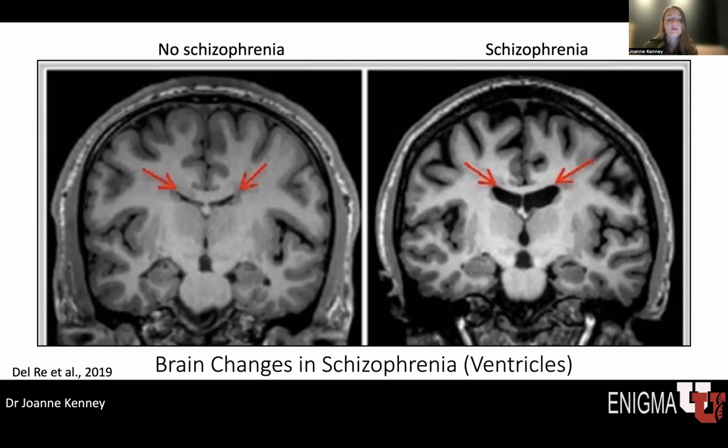So not every person who has a diagnosis of schizophrenia will have enlarged ventricles, and there's a lot of overlap with normal variation in the size of the ventricles. It's not a consistently reported finding, but it is one of the most commonly reported findings in schizophrenia.